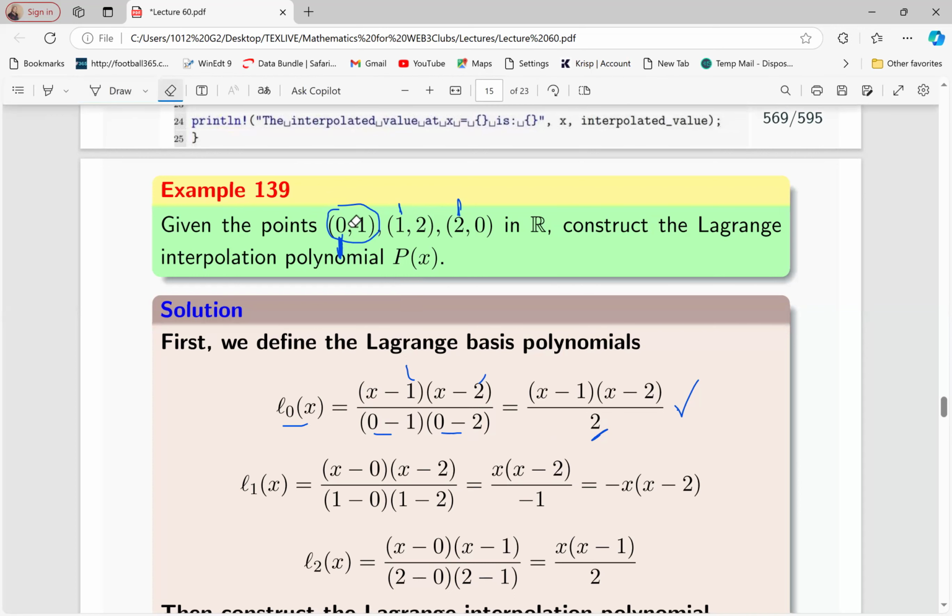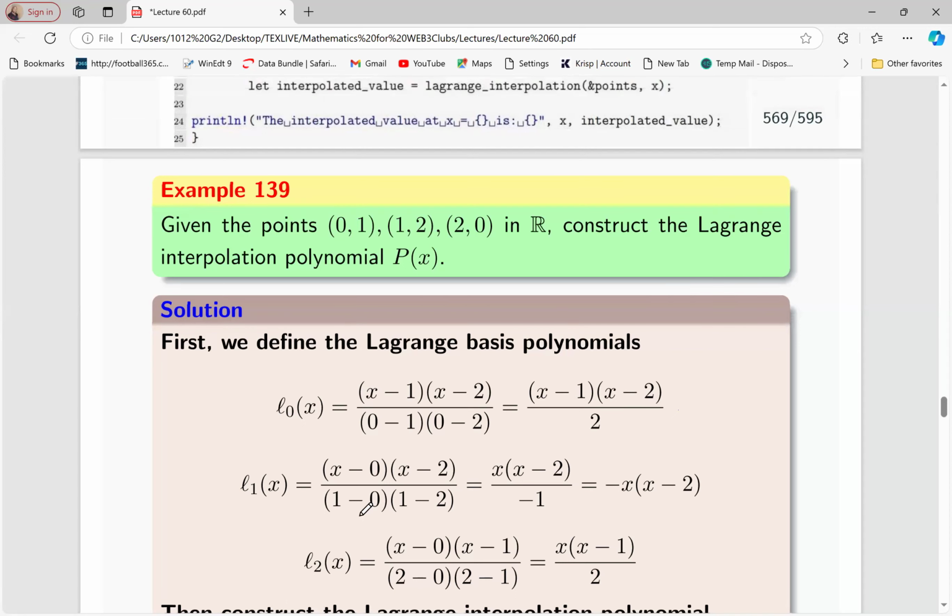So you can see, just for emphasis. I've omitted very many formulas so that you can see it very close to the points without going back to check. Now, L1(x): we are considering this point.